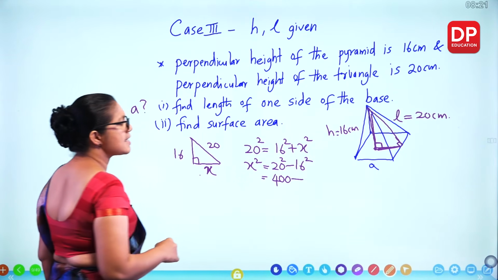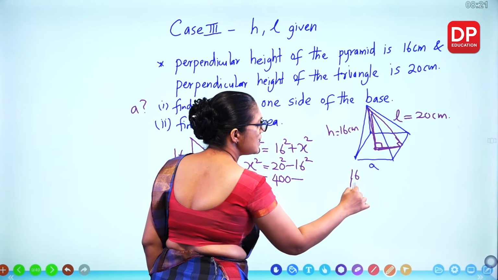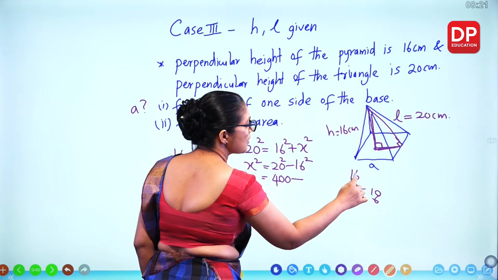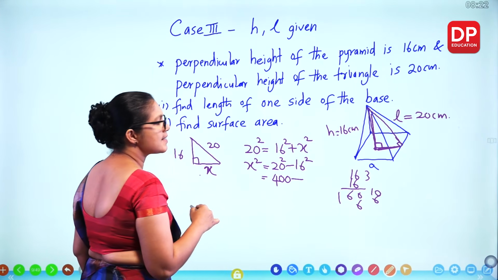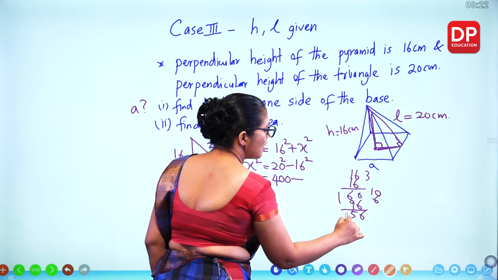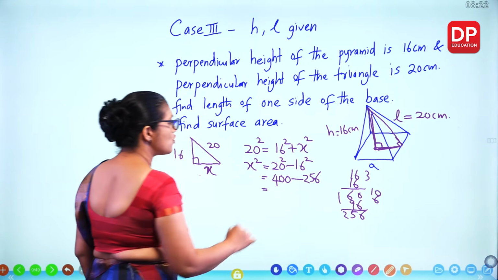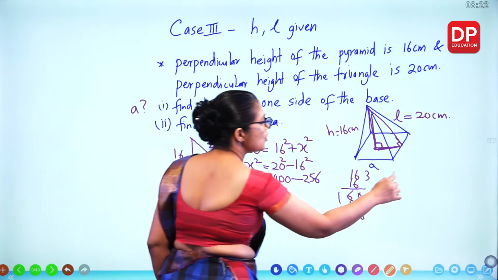What is 16 times 16? 10 and 6 you can write down. 6 times 6, 36. 3 remaining. 6 times 1, 6 plus 3, 9. So you get 256. So when you subtract 400 minus 256, what do you get?